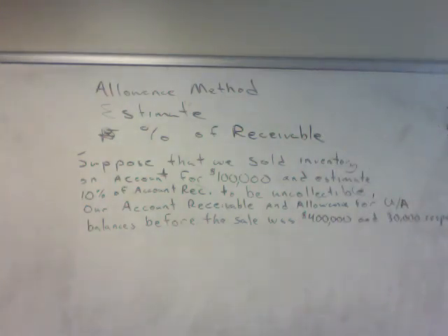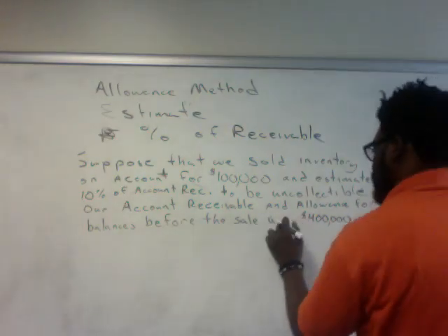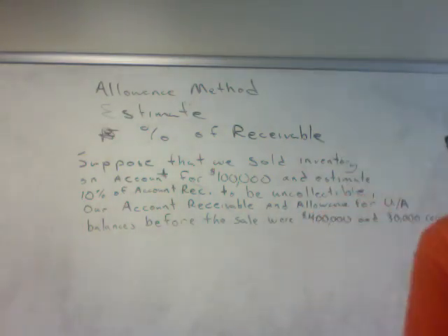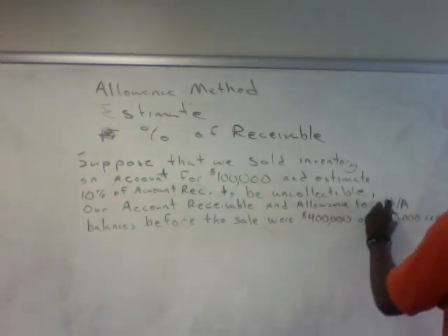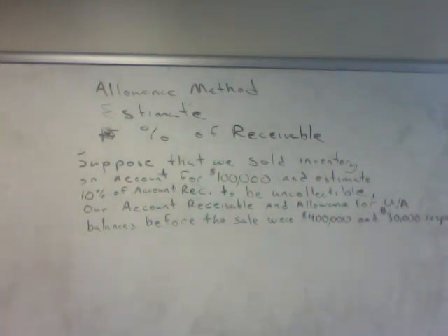Our accounts receivable and allowance for uncollectible accounts balances before the sale were $400,000 and $30,000 respectively. Okay?